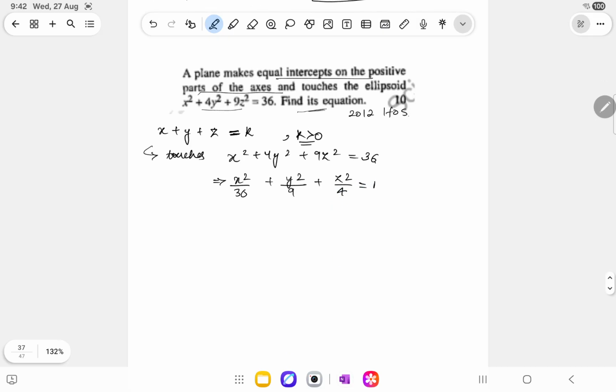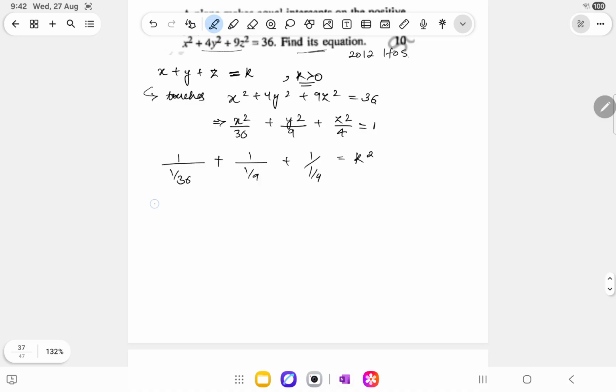Using the tangency condition, I'll get 1 upon 1 by 36 plus 1 upon 1 by 9 plus 1 upon 1 by 4 equals k square. If I simplify it, I'll get 36 plus 9 plus 4 equals k square. So k square is equal to 49. From here I'll get k equals plus or minus 7.